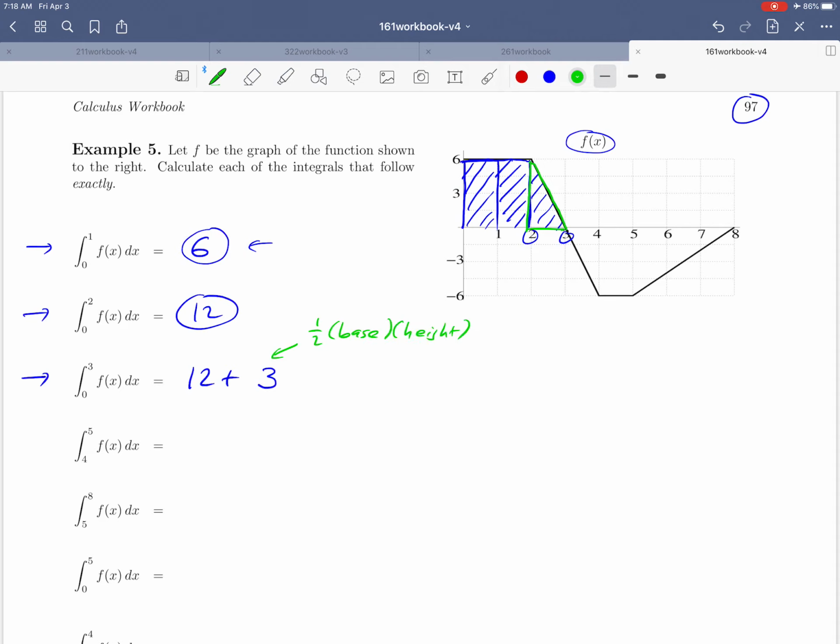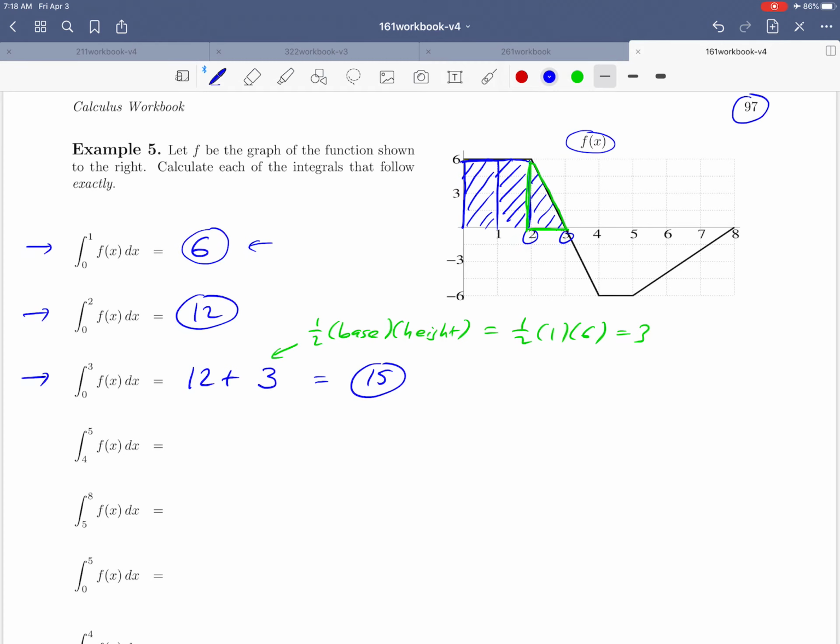What is the base of that triangle? Well, from 2 to 3 is 1, and the height you can see is 6. 1/2 times 1 times 6 is 3. That's where that 3 came from down below. And so either way that you think of it, we're going to come up with an answer of 15 for the integral from 0 to 3 of f of x.